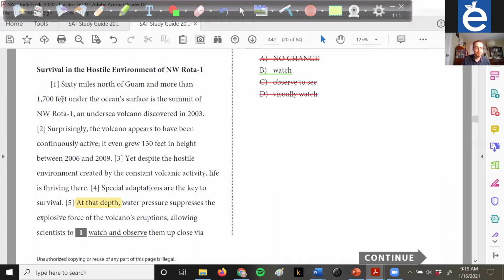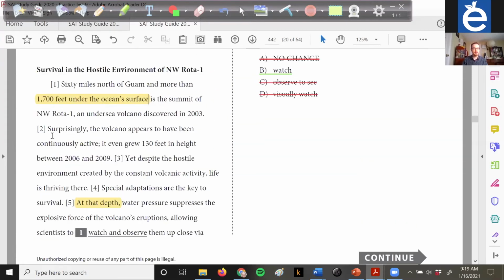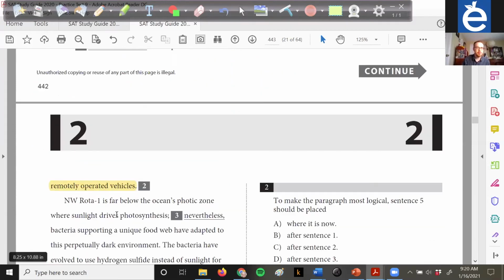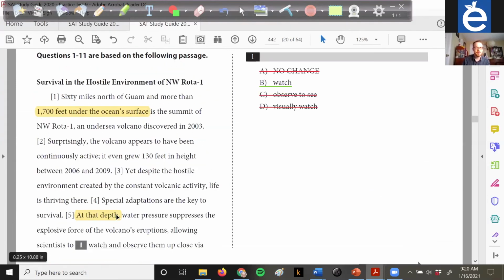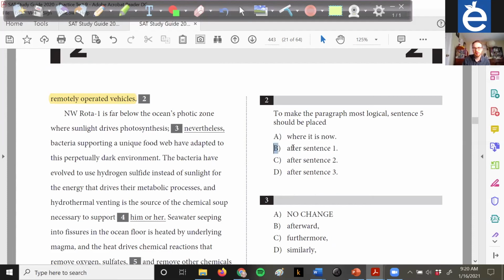And the only place I see a description of depth will be here: sentence 1, 1,700 feet under the ocean's surface. Now, the downside of that is that sentence number 2 doesn't really have any sort of reference to remotely operated vehicles, but that's okay. It still flows pretty well. So I'm going to say after sentence 1 is where sentence 5 should go.